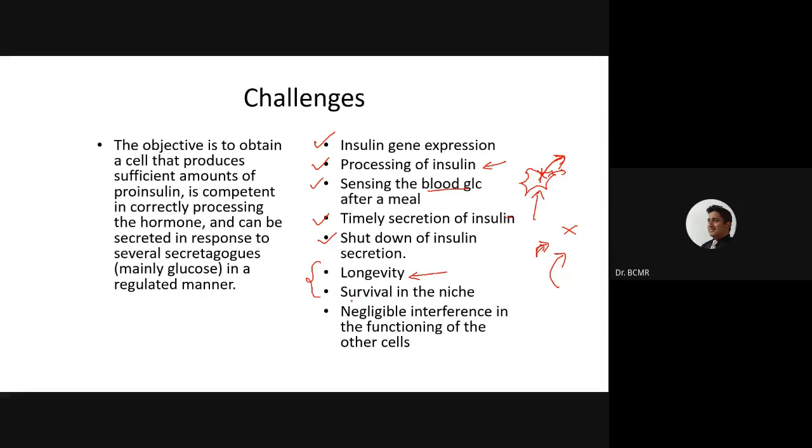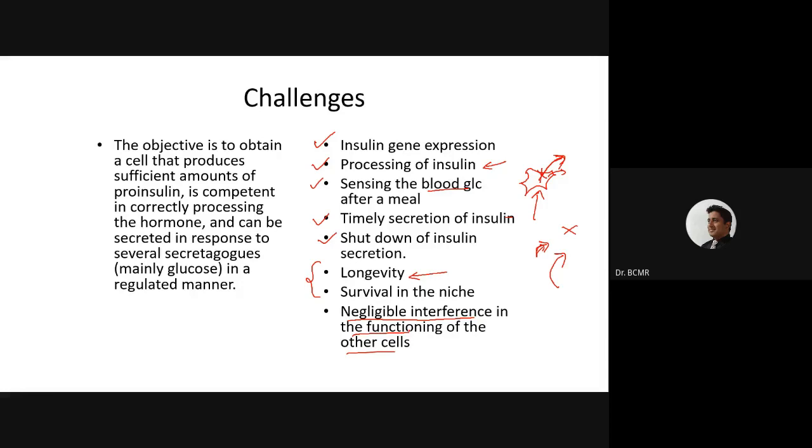So these two are related. Another important one is that the cells we are putting in should not interfere with the coordinated functioning of the rest of the body, and should not interfere with the functioning of any other cells.